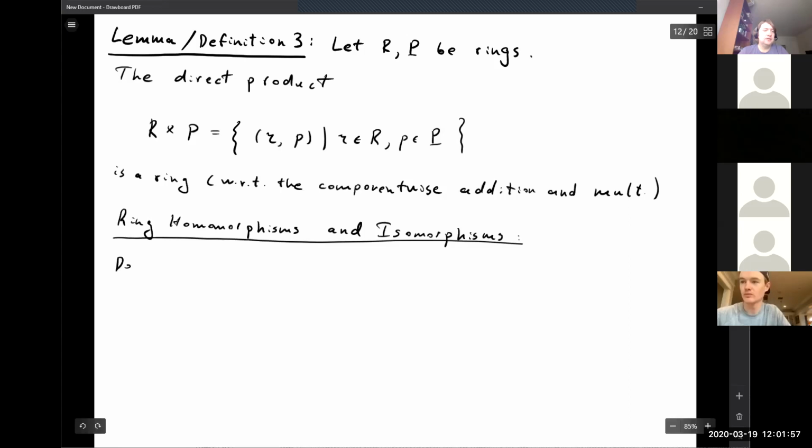Okay, so the basic idea of the homomorphism is a map which preserves the structure, right? So in this case, we have two binary operations.